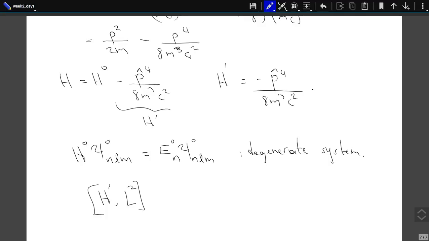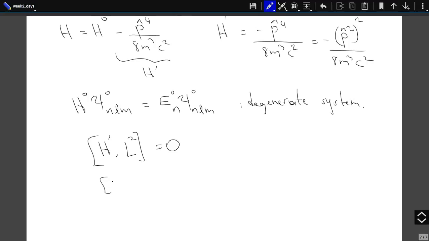Well, you should think of it as the p squared. p squared itself commutes with L squared. So p to the 4 also commutes with L squared.